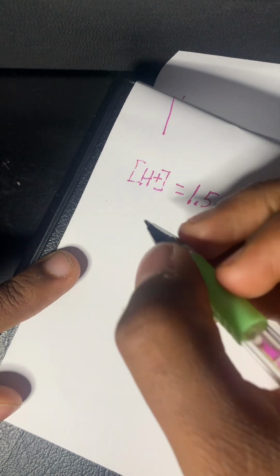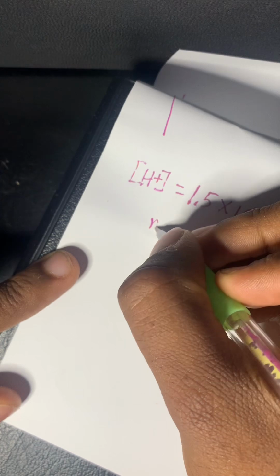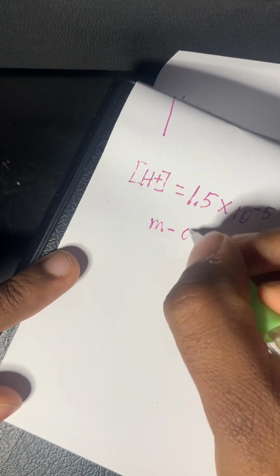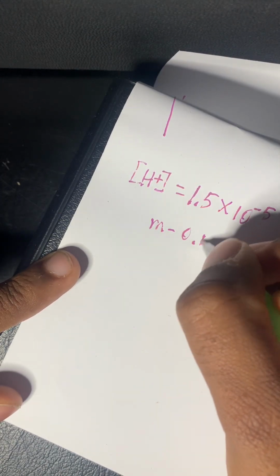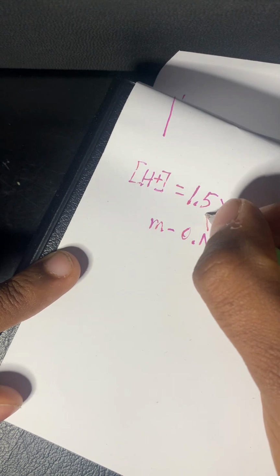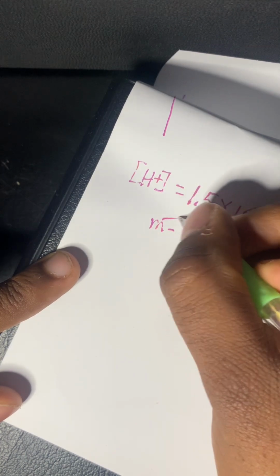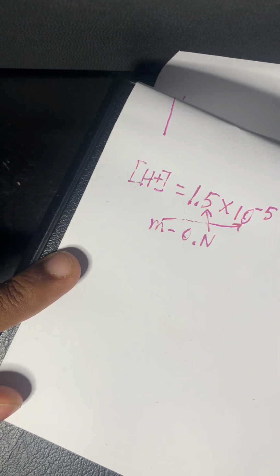The general equation we derived last time was m minus 0.n. Let's call this number over here n, and m will be equal to the exponent power over here. So the exponent power is 5.